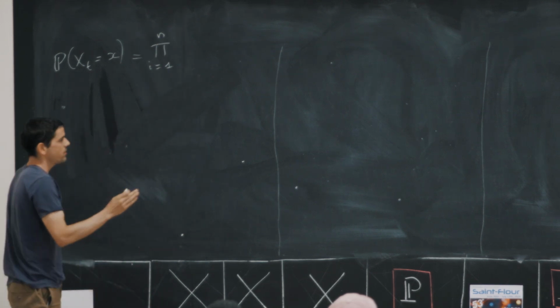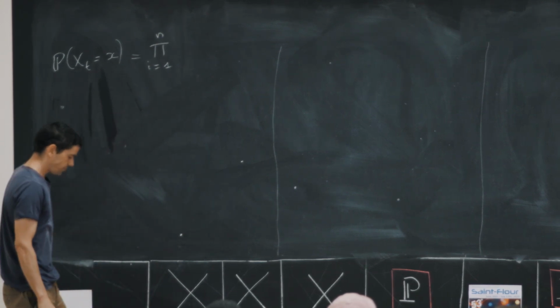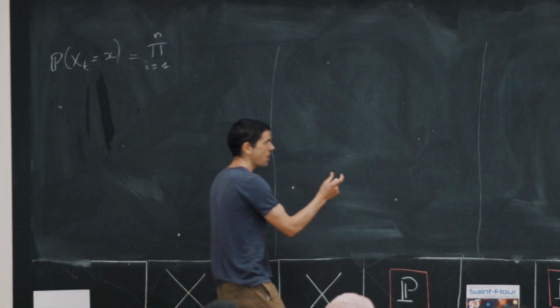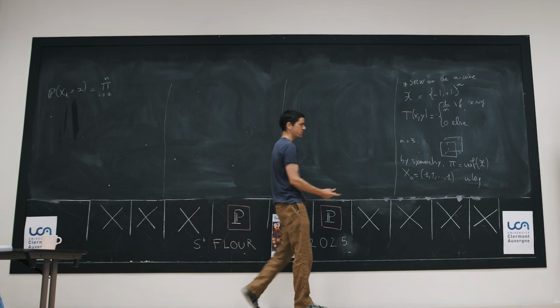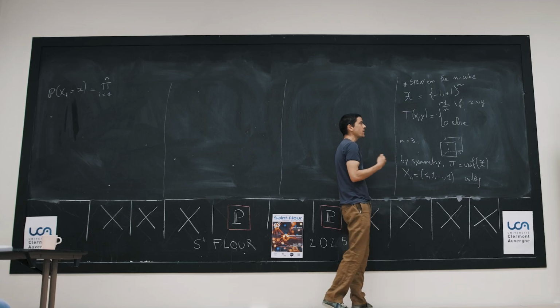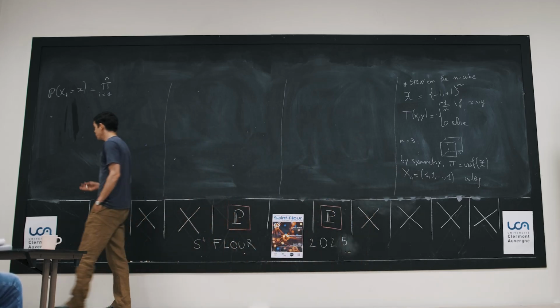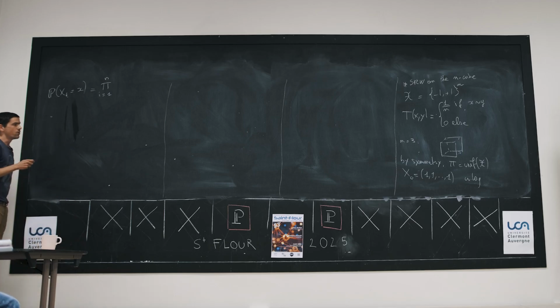So all the coordinates are IID, and now you just need to compute the chance that a particular coordinate is +1 or -1. So it starts at +1, and then it is flipped at rate 1 over n. The only thing you need to compute is the probability that a Poisson variable with mean t over n is even or odd.